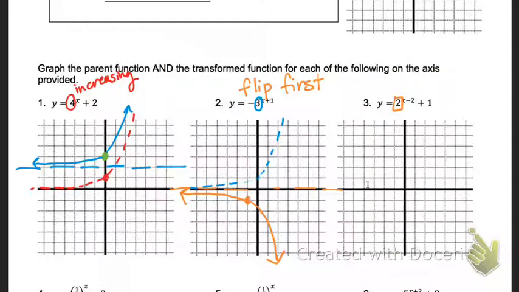This one, number 3. The number itself is 2. So the parent function is going to be increasing like this. Now I want you to transform it: left, right, up, down.